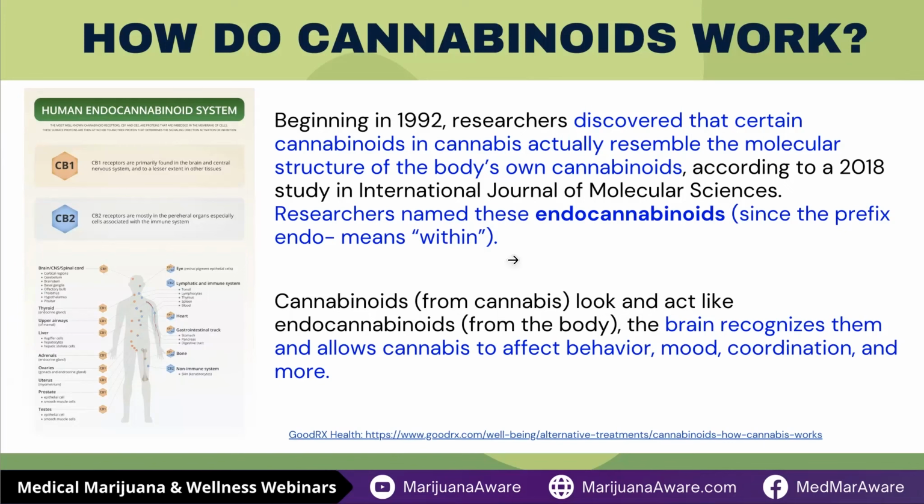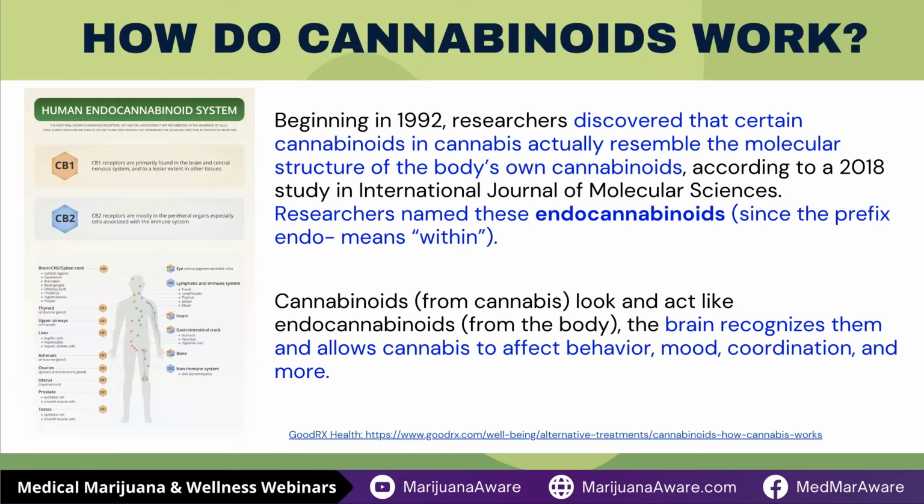So this is our naturally occurring system within the body. We just didn't really have a name for it, but we knew that cannabinoids were interacting with our body somehow. But now as we're building on this research, we're naming different processes that are already occurring. It's interesting that in 1992, they discovered cannabinoids had an effect on the body.